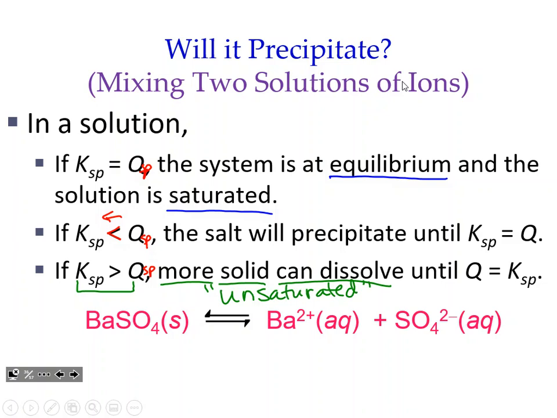So that third point is really telling you that you can add more and it will still dissolve because you're in the unsaturated domain. So more can be added to get to that saturation point if Ksp is greater than Qsp, because it could go right in this direction and add more of the ions into solution and dissolve more.